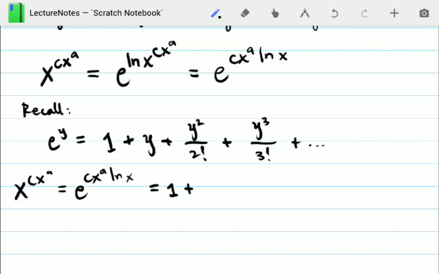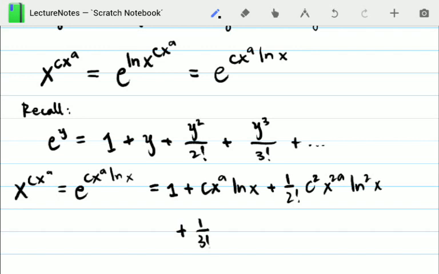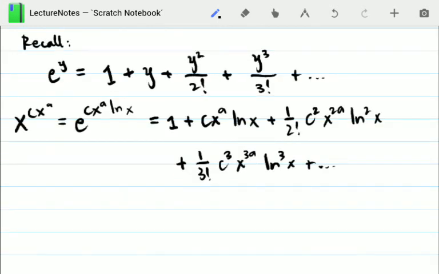So you have 1 plus c x to the a ln x, plus 1 over 2 factorial times y squared, just the square of this term, c squared x to the 2a ln squared x, plus 1 over 3 factorial times y cubed, so you have c cubed x to the 3a ln cubed x, and so on. You can go as long as you want, but let me stop at the fourth term, okay?